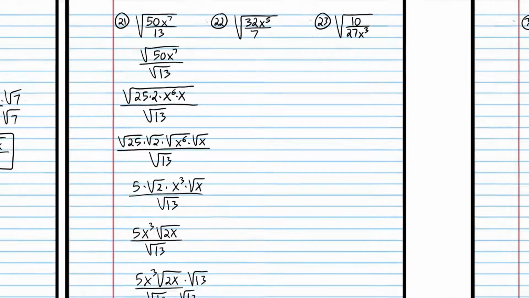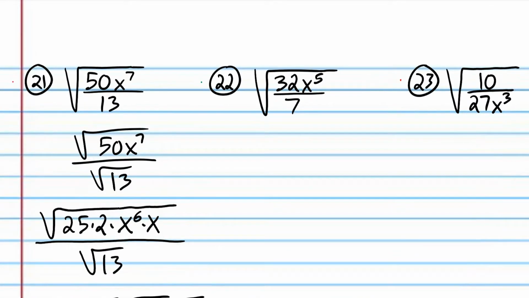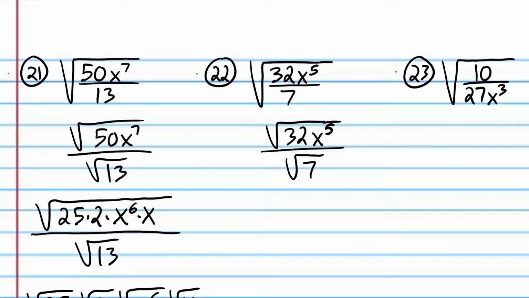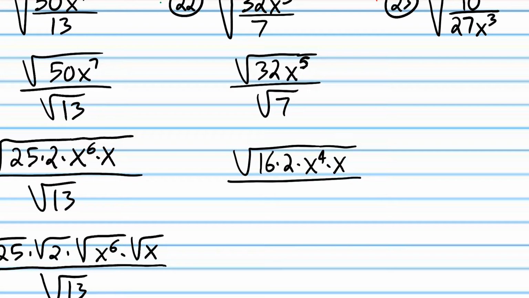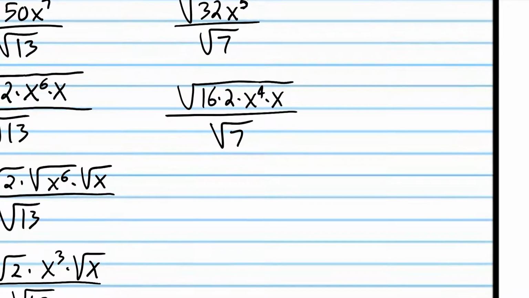All right, we're back. So we have a perfect square in the numerator. We're going to have to deal with that. Multiple perfect square factors. So then we're going to factor, that's going to be 16 times 2, and then x to the 4th times x. We're going to have to factor out an x there, or peel off an x, however you want to describe it. And we're going to separate.